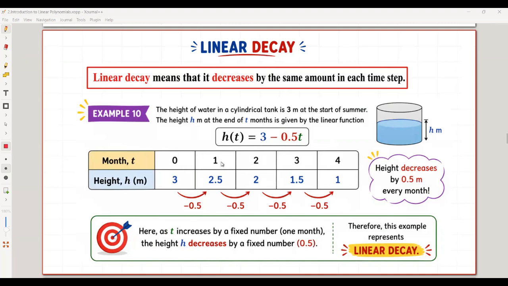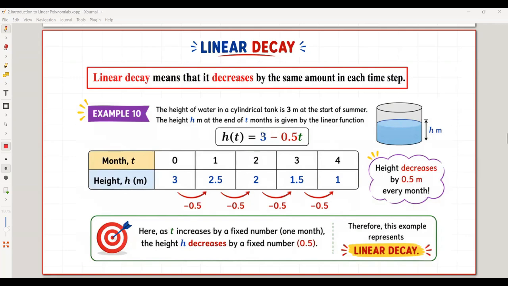After 1 month, the height decreases by 0.5 meter, so 3 minus 0.5 is 2.5. After the second month, it comes to 2 meters. Third month, 1.5 meters. Fourth month, 1 meter. Height decreases by 0.5 meter every month.